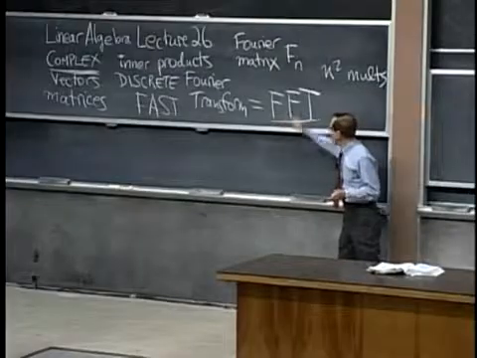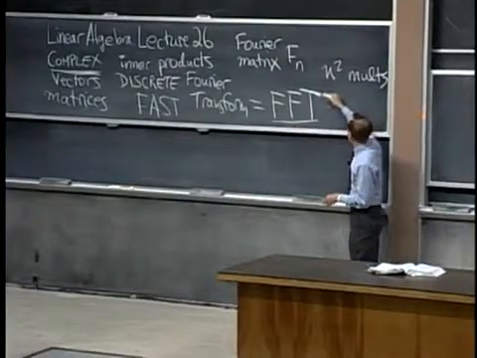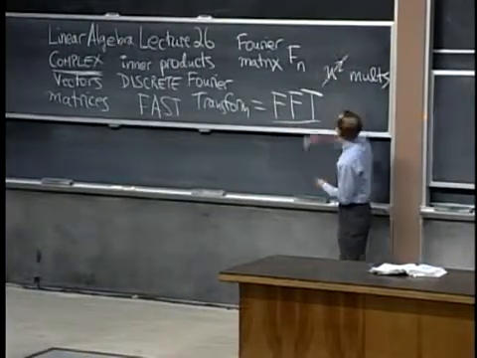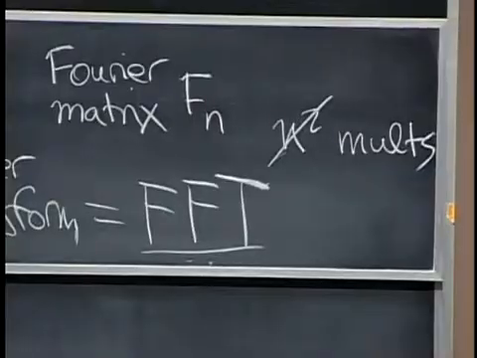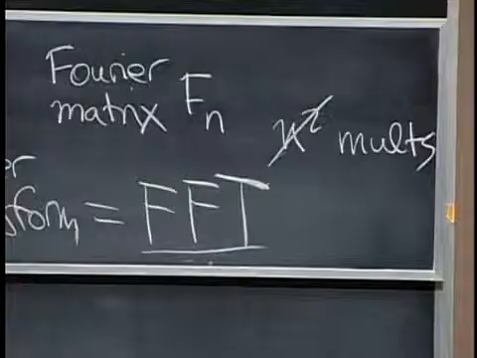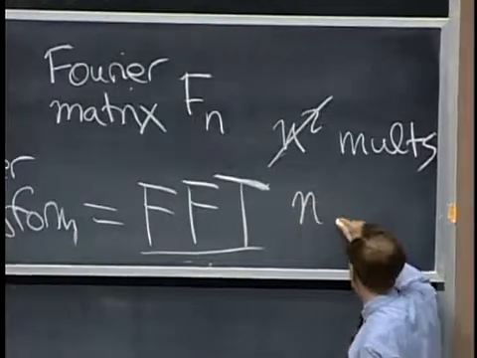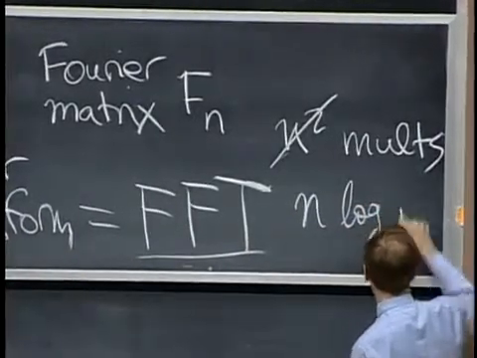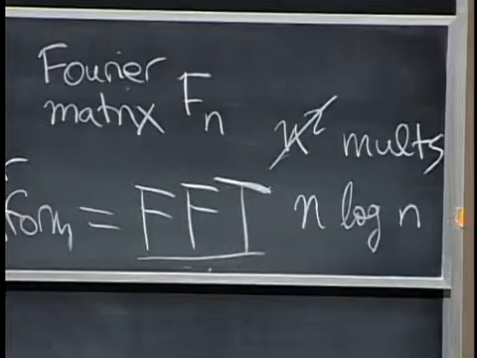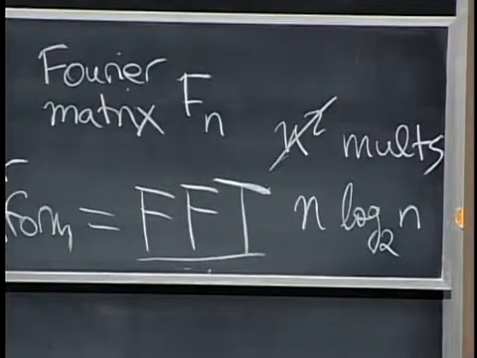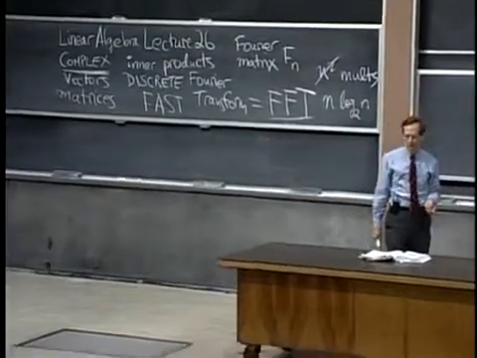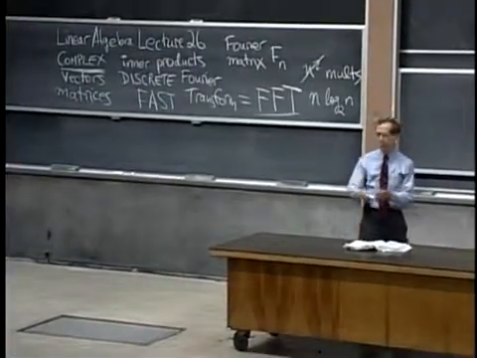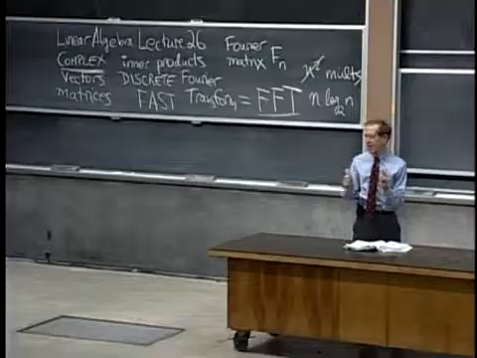And this fast Fourier transform idea reduces this n squared, which was slowing up the calculation of Fourier transforms, down to n log n. N log n, log to the base 2, actually. And when that possibility hit, it made a big difference.